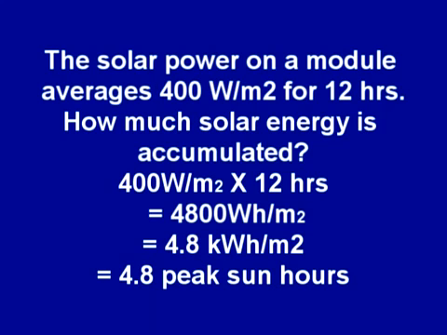It equals 4,800 watt hours per meter squared. There are 1,000 watts in a kilowatt, so divide the 4,800 watt hours per meter squared by 1,000 to get kilowatt hours per meter squared. This gives you 4.8 kilowatt hours per meter squared. 4.8 is also the number of peak sun hours.